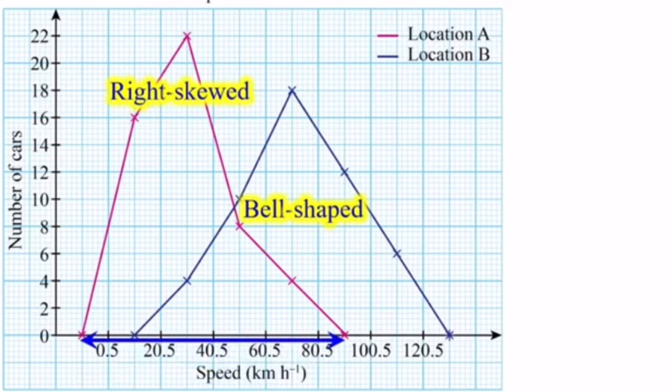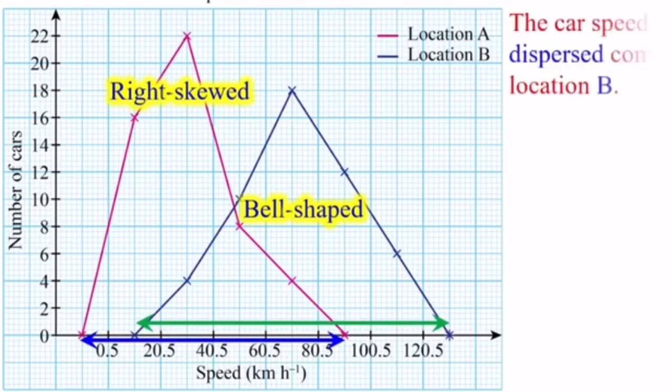You see, for the pink color one, the frequency polygon for the pink color one, I am using the blue pen to show the dispersion. Okay, so for location B, I'm using the green horizontal line to show the dispersion. As you can see, the green line is wider than the blue line.